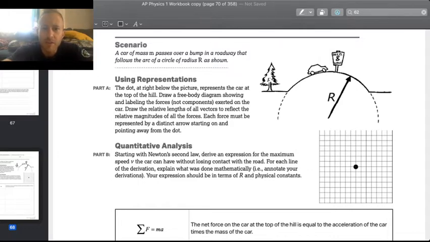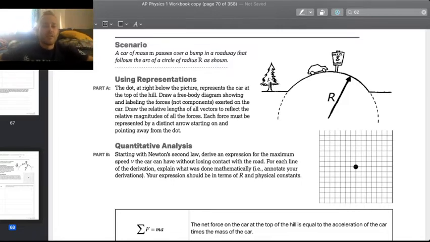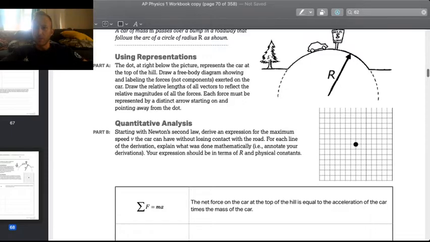Draw a free body diagram showing and labeling the forces exerted on the car. The relative lengths of all vectors should reflect the magnitude of the forces. Each force must be represented by a distinct arrow. So we've got normal force pointed up, and then we've got weight force pointed, you guessed it, downward.